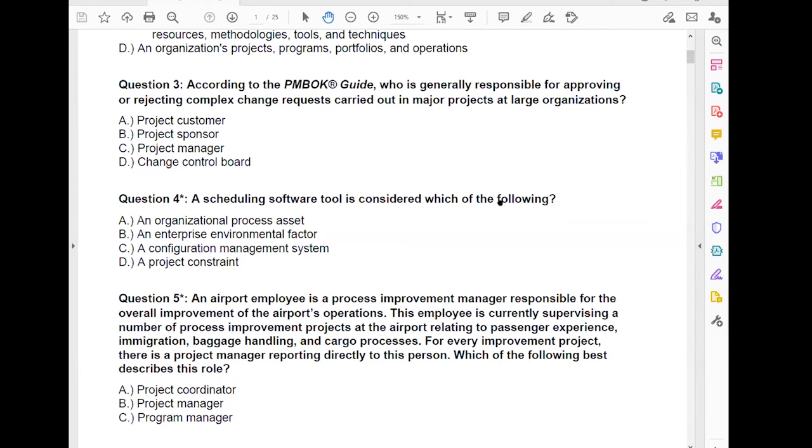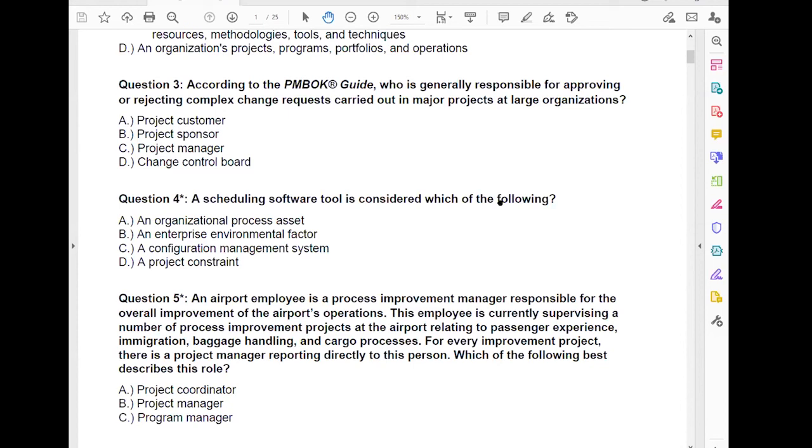Na-discuss ba yung change control board? Hindi ko na matandaan. Sa day 2 natin na-discuss, sir. Day 2. Letter D. D2. Wag kang maingay. Ay, hindi pa pwede sabihin. Nasabi ko, sorry.